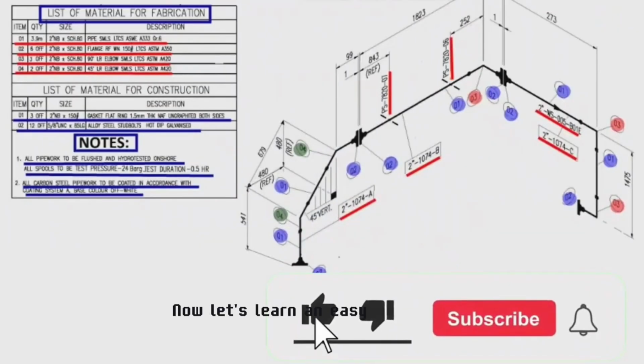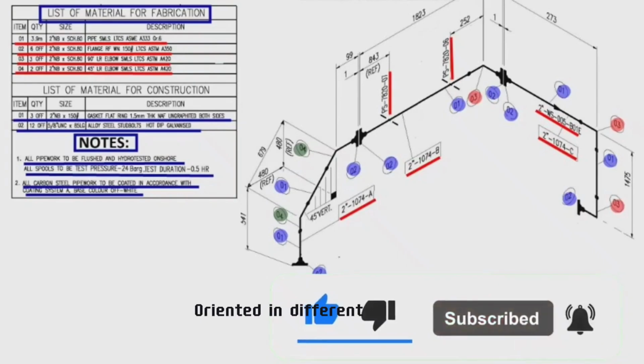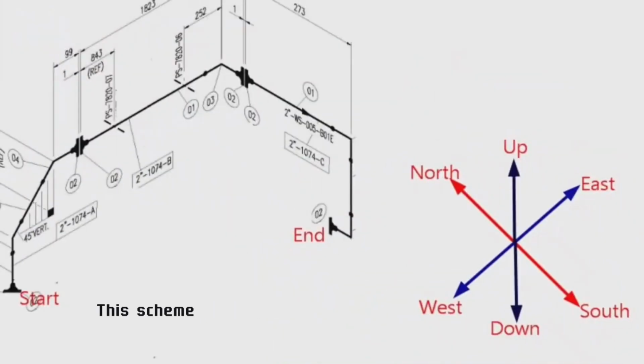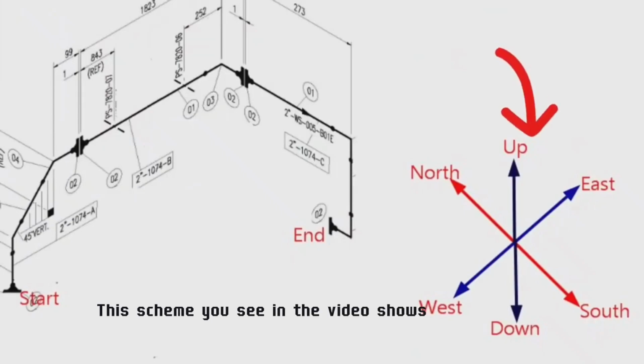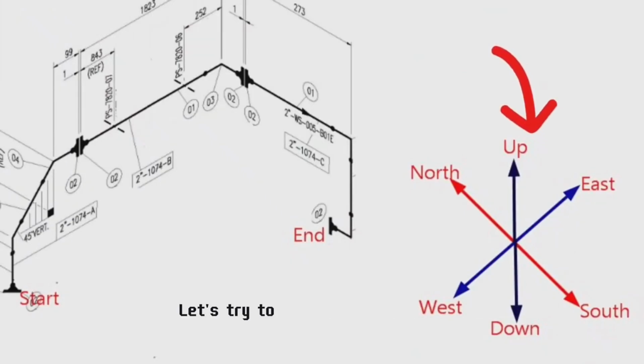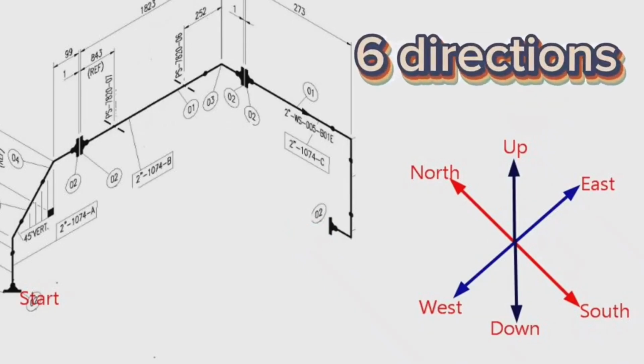Now let's learn an easy way to read the isometrics of this pipeline oriented in different directions. This scheme you see in the video shows the directions. Let's try to read this pipe drawing with the help of this scheme. There are 6 directions here. North direction. South direction.